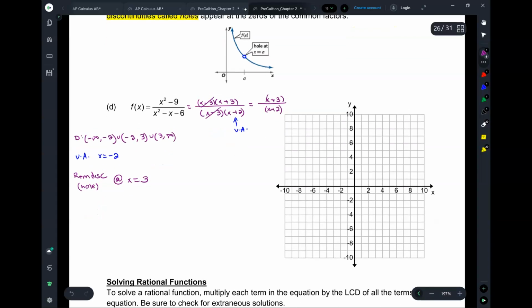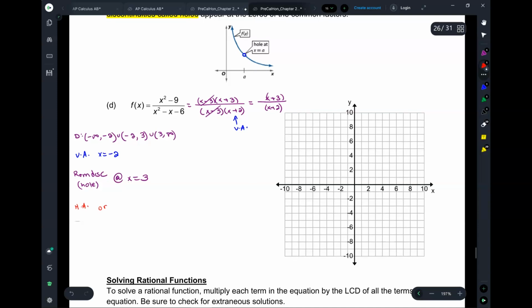What about a horizontal asymptote? For that one, I like to look back at the original function. It's easier, because sometimes when we factor, some coefficients will get lost.